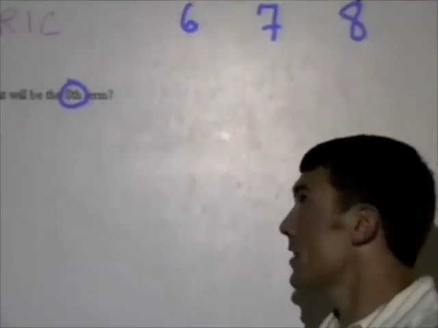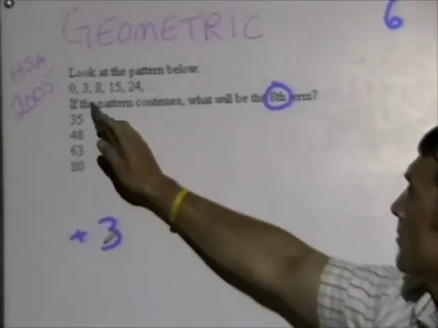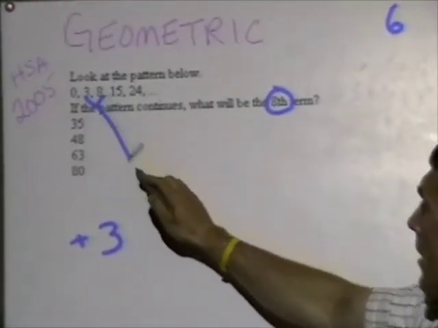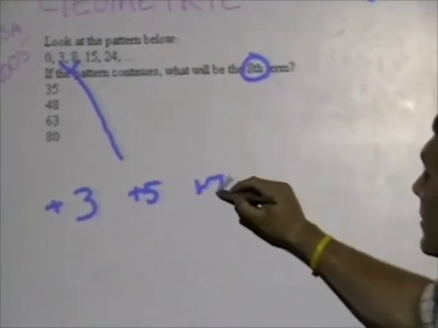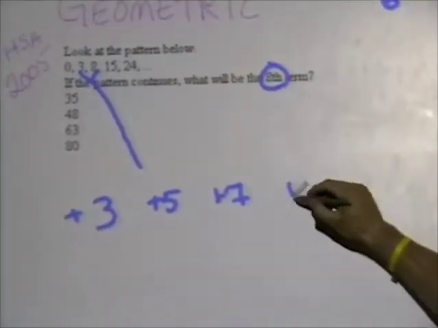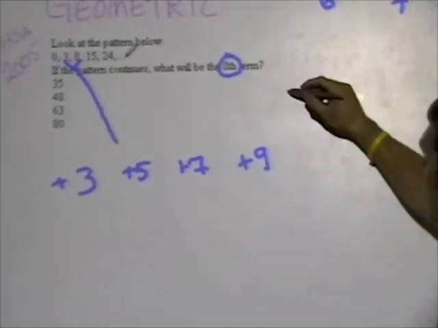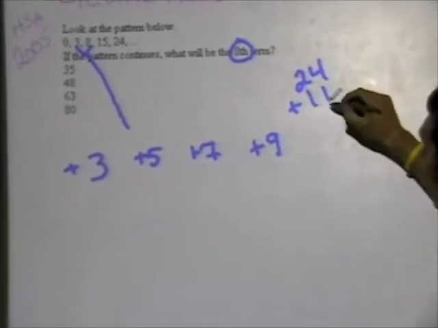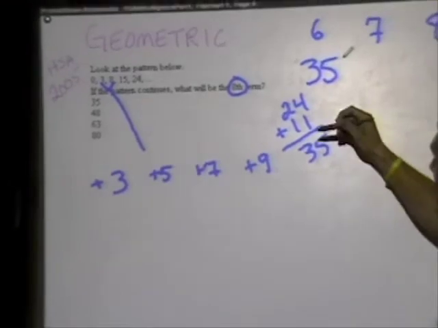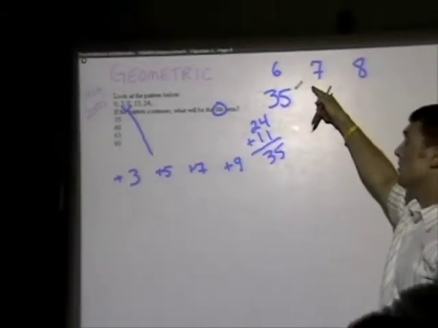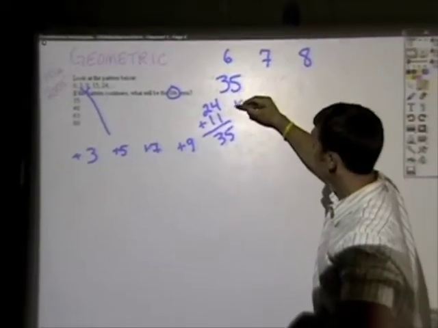But first we need to identify the differences. From 0 to 3 we have plus 3. From 3 to 8 we have plus 5. 8 to 15 plus 7. And from 15 to 24 plus 9. So 24 plus 11 will give us the 6th term, which is 35. Alright, now to get to the 7th term, 3, 5, 7, 9, 11 plus 13.